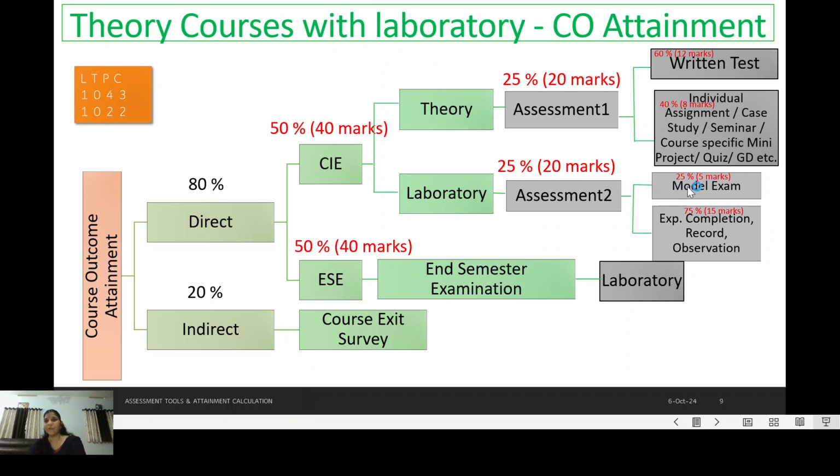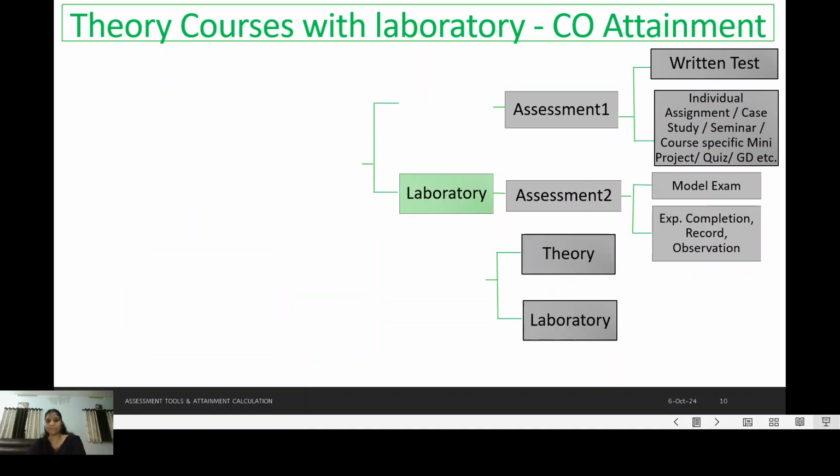For the model examination we use 5 marks, and for experiment completion or observation, 15 marks. Then the end semester examination is purely a laboratory component. Here 40 marks will be taken from it. So by that we'll take it 80%.